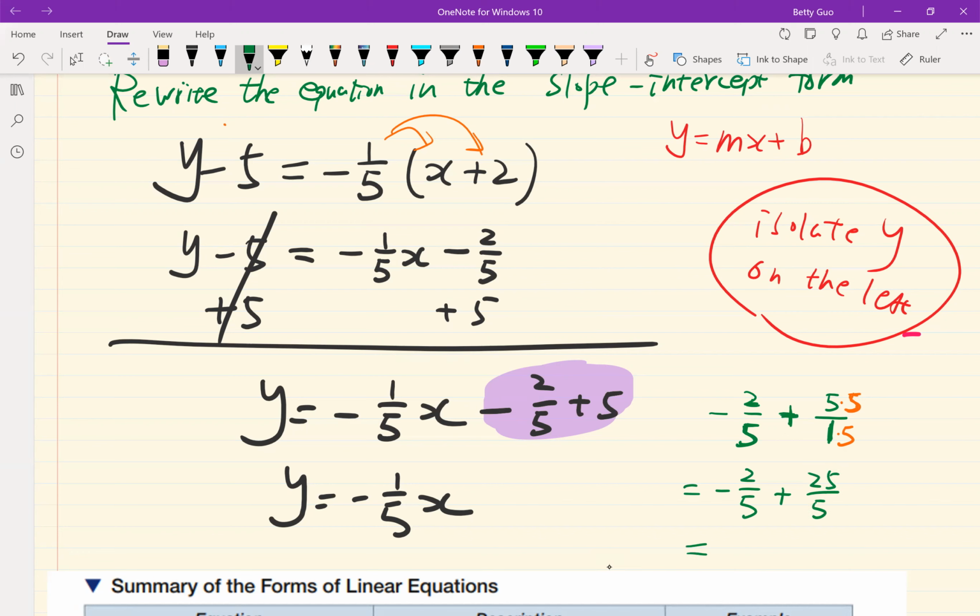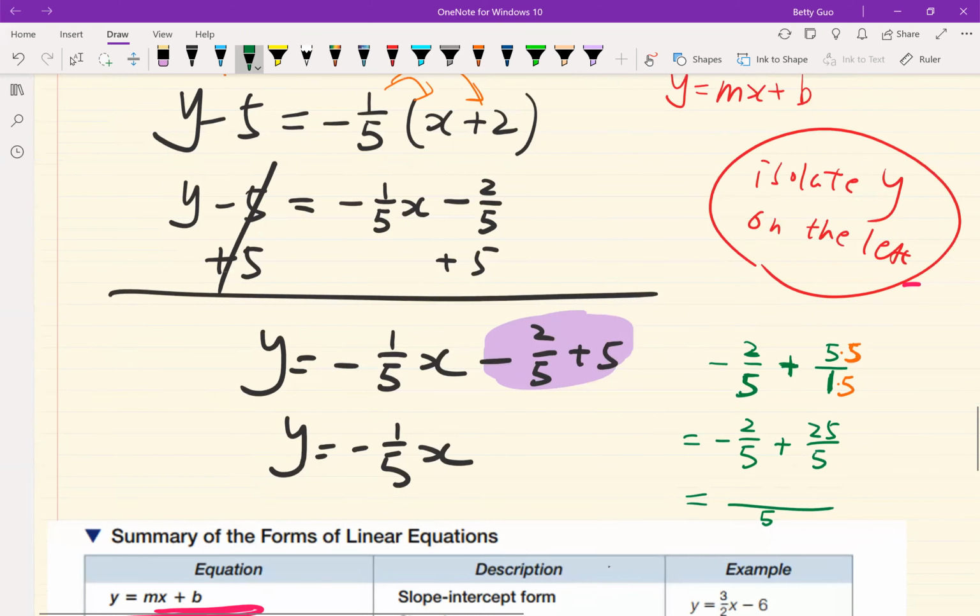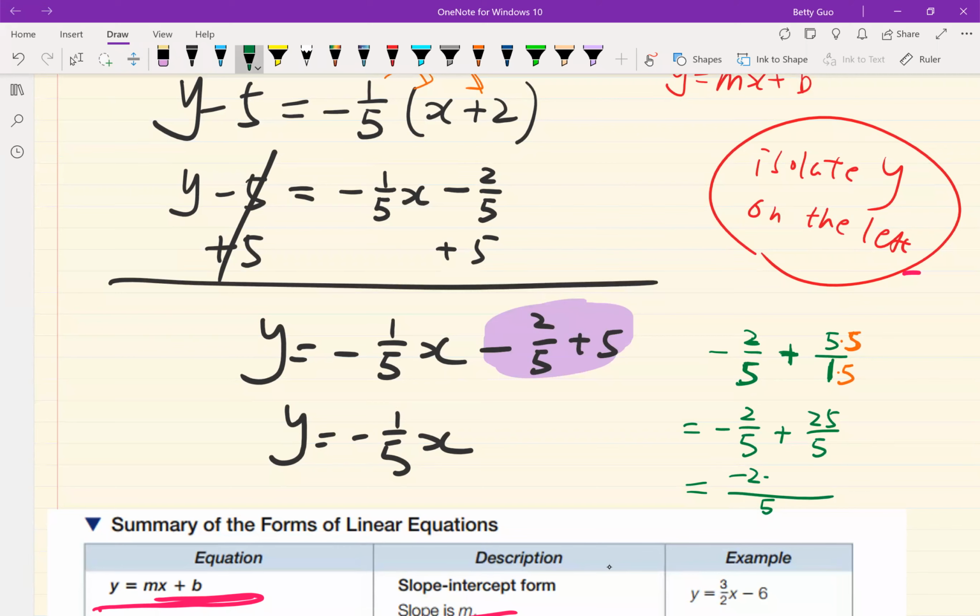Once the two fractions have the same denominators, you can keep the denominator, keep the bottom, solve the top. What's -2 plus 25? 23, yeah. So the intercept in the slope-intercept form is 23/5.